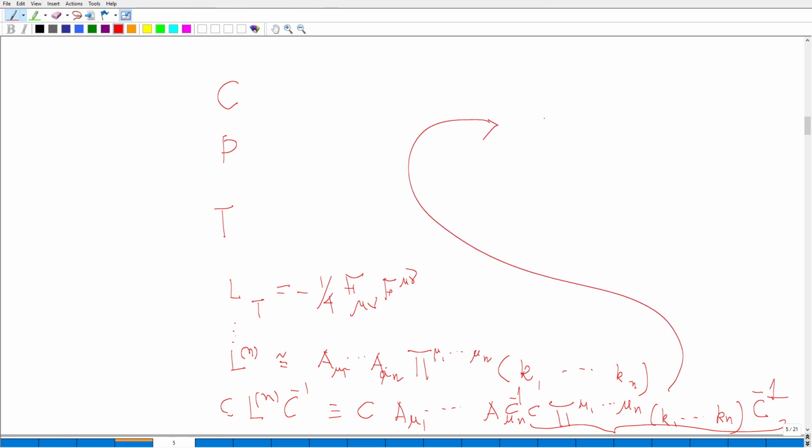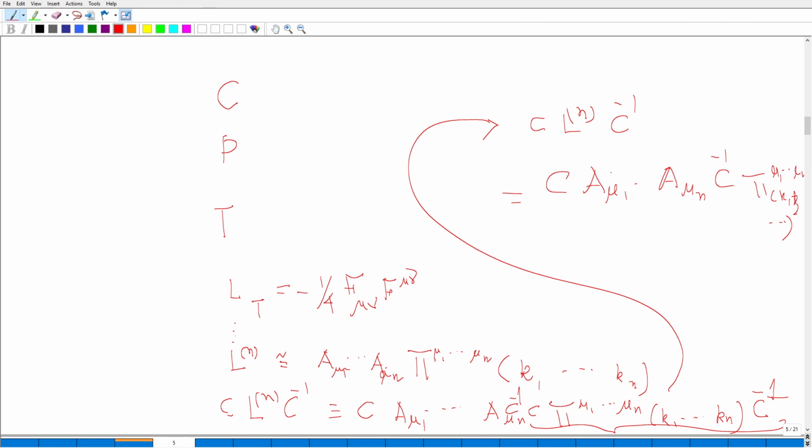So, what we are left with is C L n C inverse is equal to C of A mu 1 to A mu n C inverse times Pi of mu 1 to mu n, k 1, k 2 etc., and it stops over here. We do not pick up any sign from the Pi part.